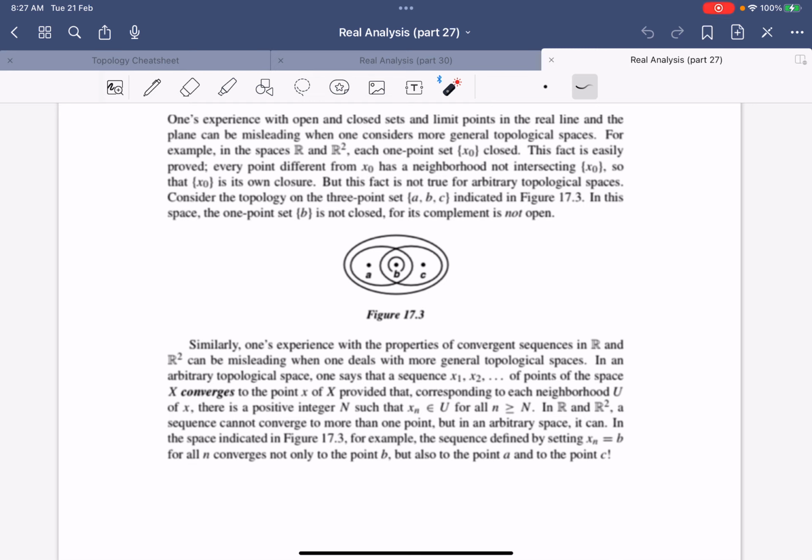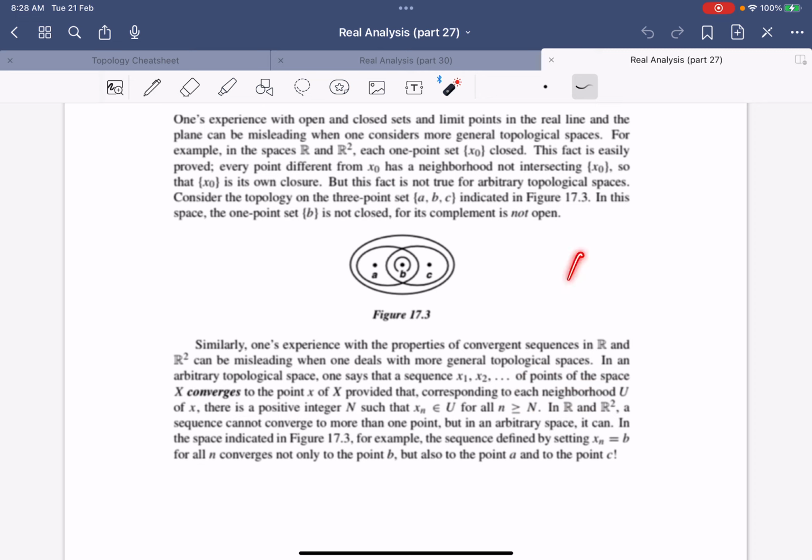So if you look at this example, the sequence defined by setting xn equal to b converges not only to b, but also to the points A and C. And that's because we say that a sequence converges to a point x if and only if for every neighborhood of x there is a cutoff such that xn will eventually be all within the neighborhood itself.